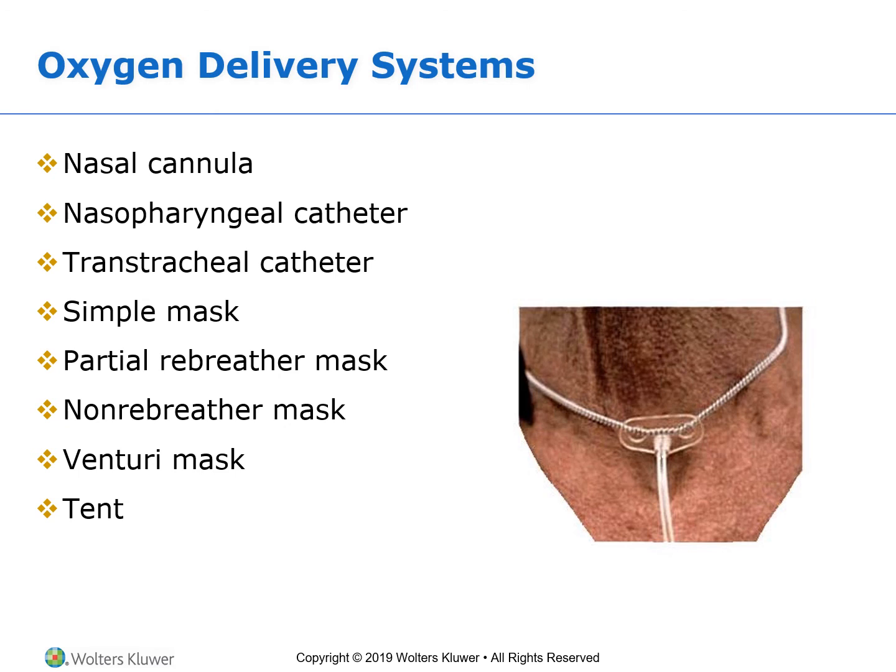And a non-rebreather, we usually have it what we call wide open. So that flow is going to be 10 to 15 liters. And again, you want to inflate that bag before you apply it. Okay. The Venturi mask, that's usually used at high flow, 4 to 6 liters. Okay. And then you can set the oxygen concentration for between 24 and 40%. So that's like a little valve that you turn, and it helps you set the mask.